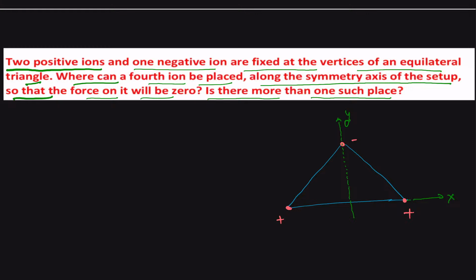Therefore on the left side we are going to have the coordinate of -a/2, 0, and on the right side we are going to have a coordinate of +a/2, 0, and this is our origin, that is 0, 0, and the negative charge will be at the height of this equilateral triangle. So this will be 0, square root of 3 by 2 times a. So these are the respective coordinates of each vertex.